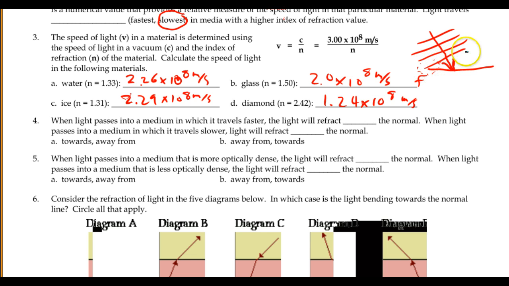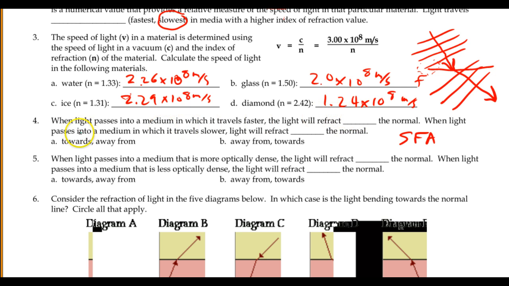Now, if we're moving along in a series of lines and this side of the line gets faster, then the whole line, in order to keep together, is going to have to change direction, something like this. And that means that when we go from slower to faster, SFA, slower to faster, we're going to bend away from the normal.